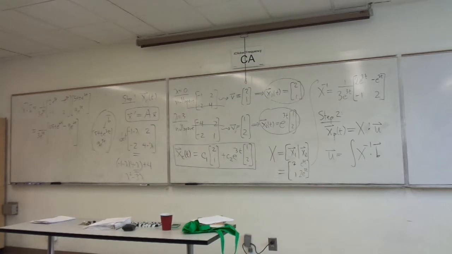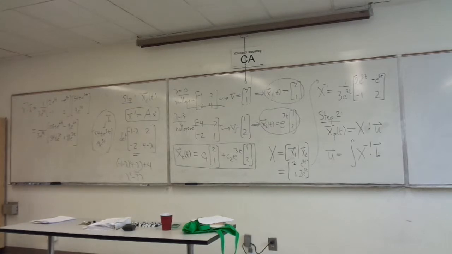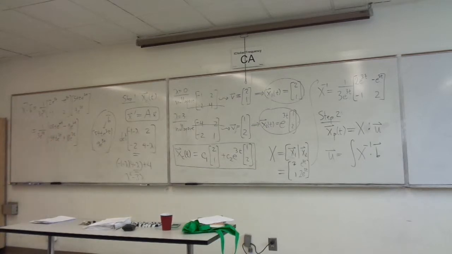So far so good? Alright, now on the bottom row we're going to have negative 54 t e to the 3t plus 18 e to the 3t. At this point, it will be simpler if we pull this denominator into every single term. Because see, there's a factor of 3 in all of these numbers, so we can cut down the scalars and also cut down the exponentials. Okay, so for example, 108, when I divide it by 3, it gives me 36.